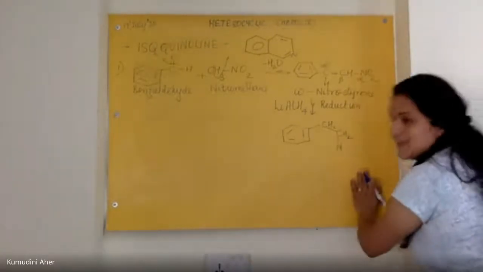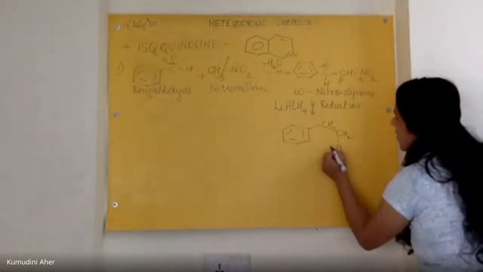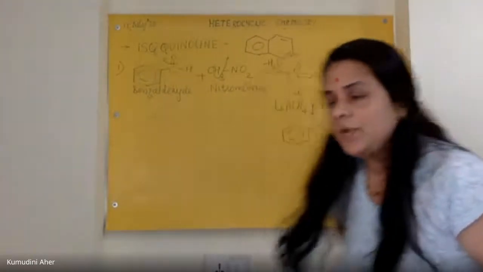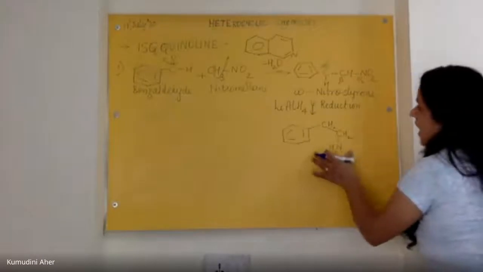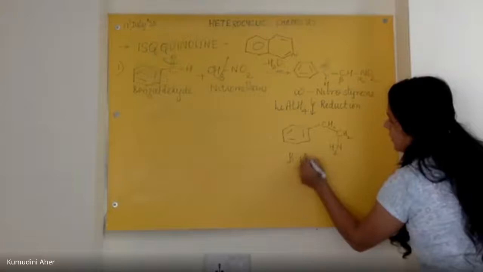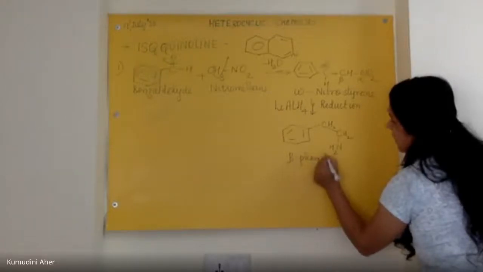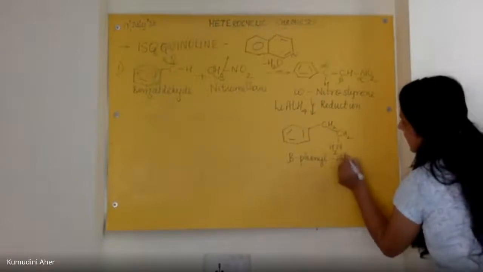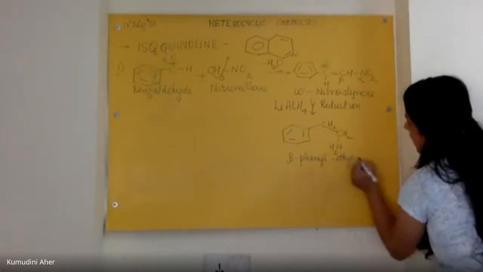This nitro is now converted into amino group. Right. So I will write here it is beta phenyl. Anyone the name? Beta phenyl. This is ethyl group. So beta phenylethylamine.